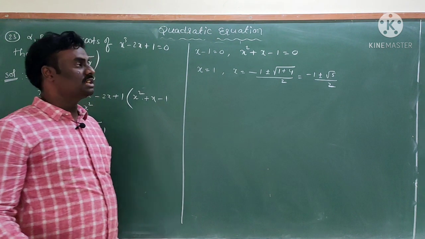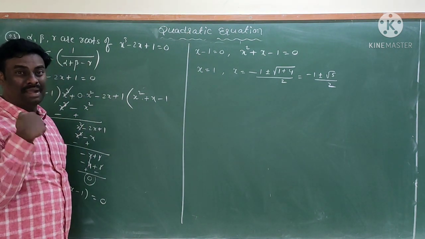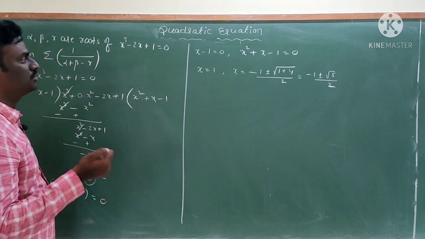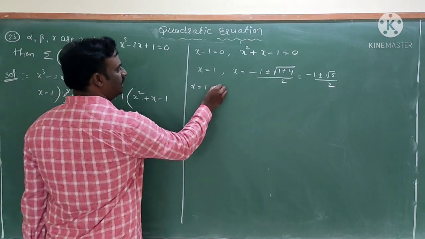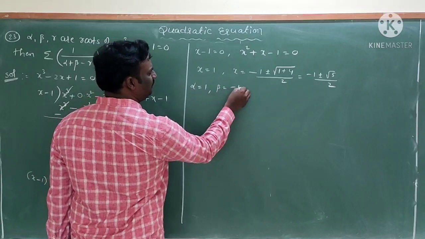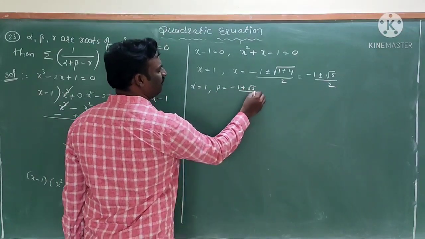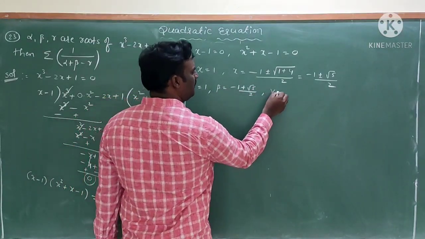If you take plus, we get one root. If you take minus, we get another root. Therefore, the first root will be alpha, the second root will be beta, and the third root will be gamma.